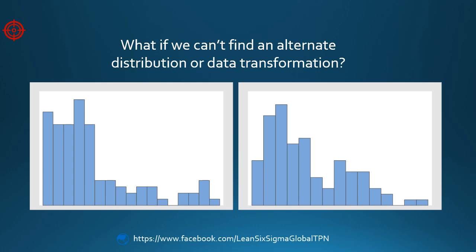If we are convinced that the distribution is correct, and that no estimate of CPK, PPK, or sigma level is appropriate, then we should consider using simple indices of capability, such as percentage out of specification or parts per million out of specification.